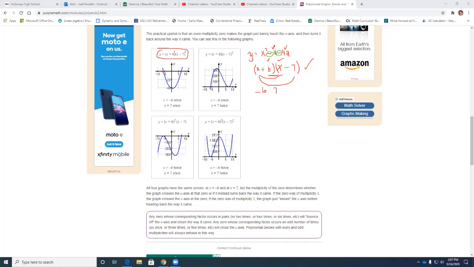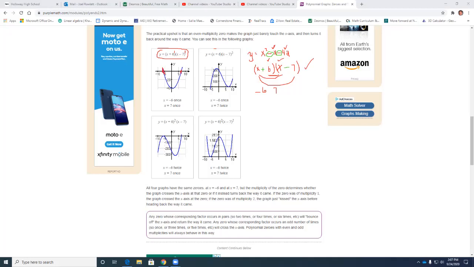So notice that when x is negative 6, since it has a multiplicity of 1, that means it slices all the way through the graph at that zero. Also at 7, we have an odd multiplicity because we have a 1 there. And notice that through the graph, it slices through as well.